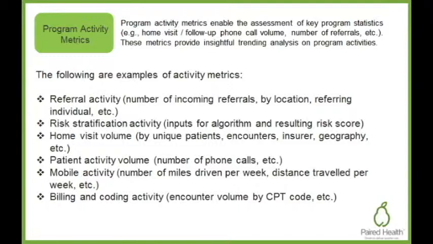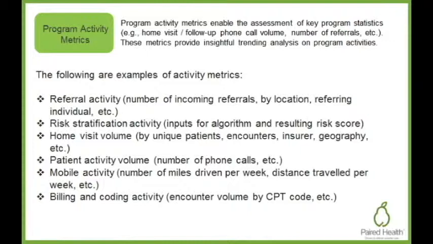Taking a quick look at some of the examples of activity metrics shown here, you can track referral activity, so the number of incoming referrals by location or referring individual. Risk stratification activity, so the inputs for the risk algorithm that you choose to use and the resulting risk score for each patient.